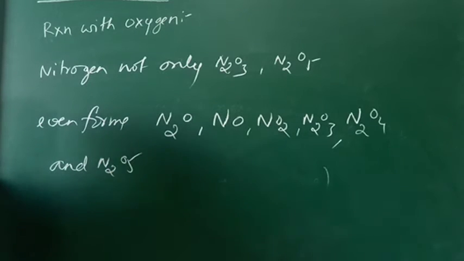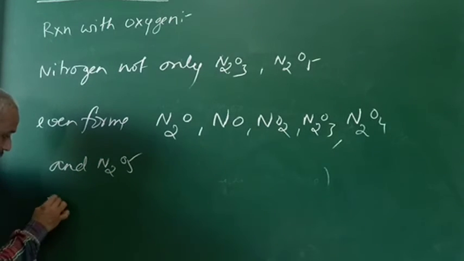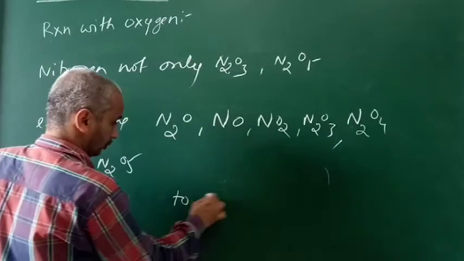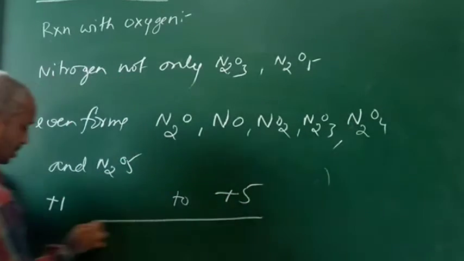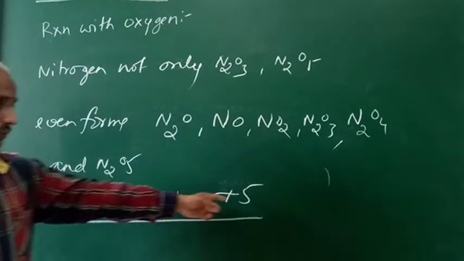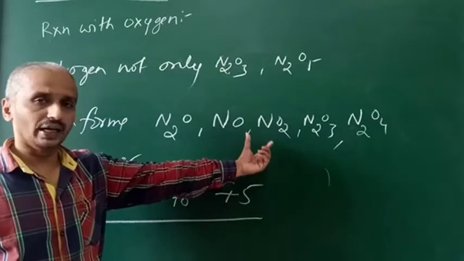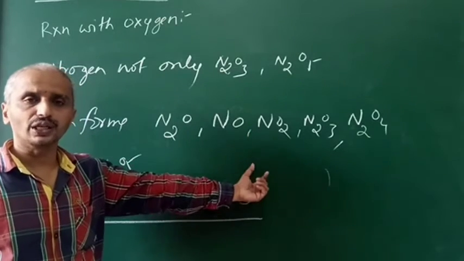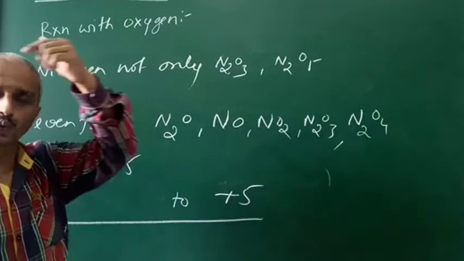Means in the oxides we start from the +1 to the +5 state. All are there, and in the in-between states they also give disproportionation reactions.